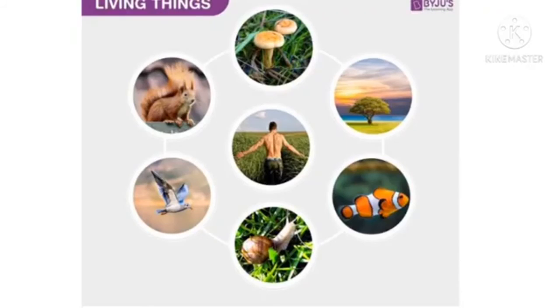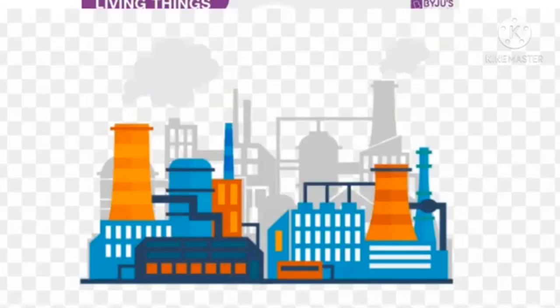Living things depend on the environment for survival. With excessive industrialization and in the name of progress and development, man has exploited Earth's natural resources and played with its environmental balance. This has resulted in pollution.